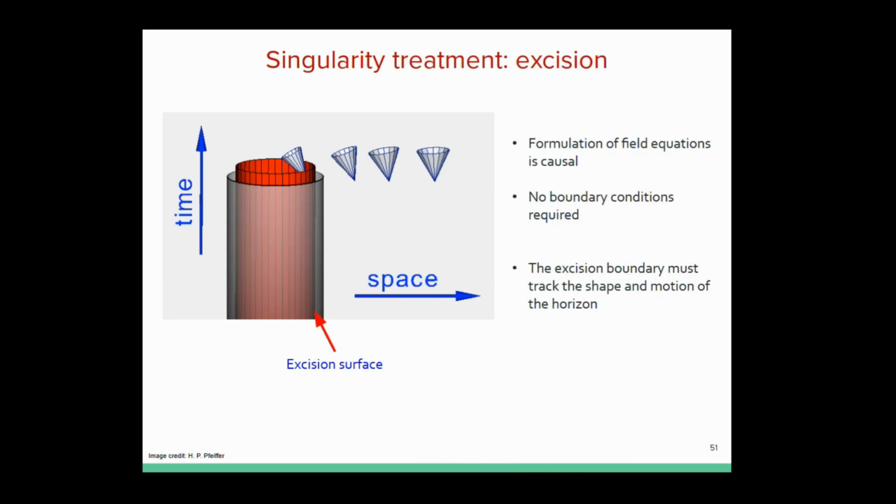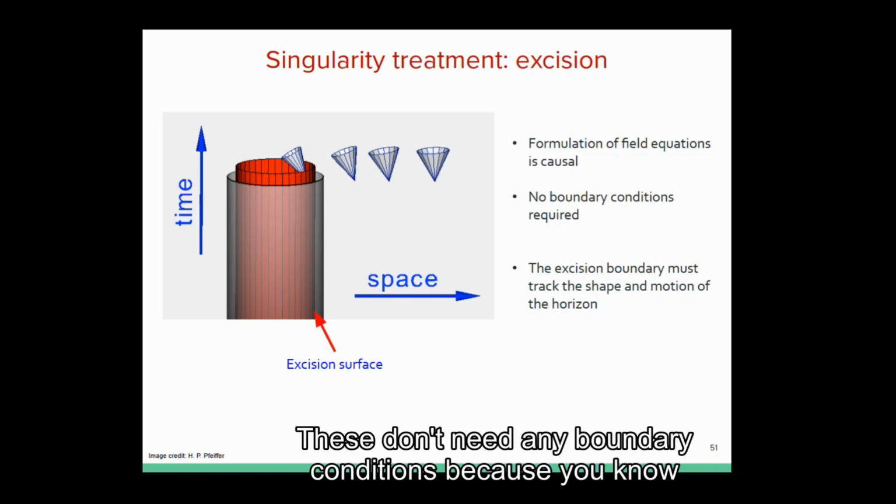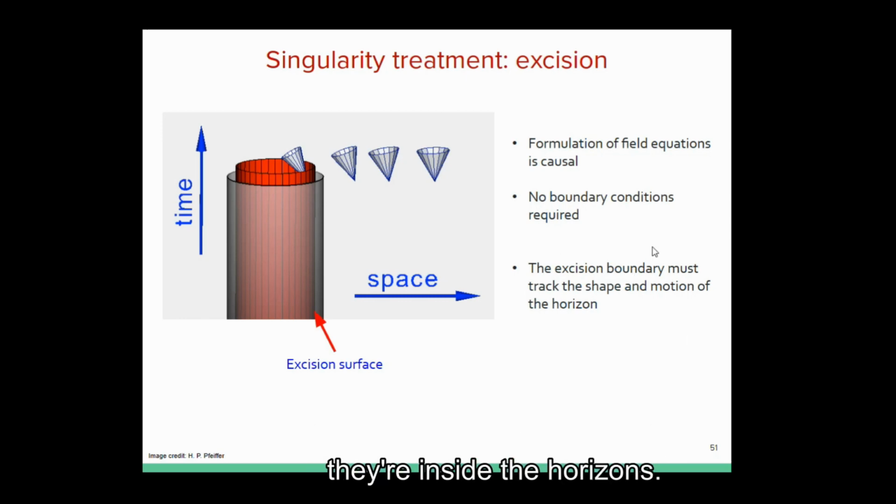Two spherical cells around each of the holes. But only the internal boundaries, these don't need any boundary conditions because they're inside the horizons, and it would be terribly risky to actually impose boundary conditions because we are very close to the horizon. If we knew what to put there very well, we wouldn't need to do an art.